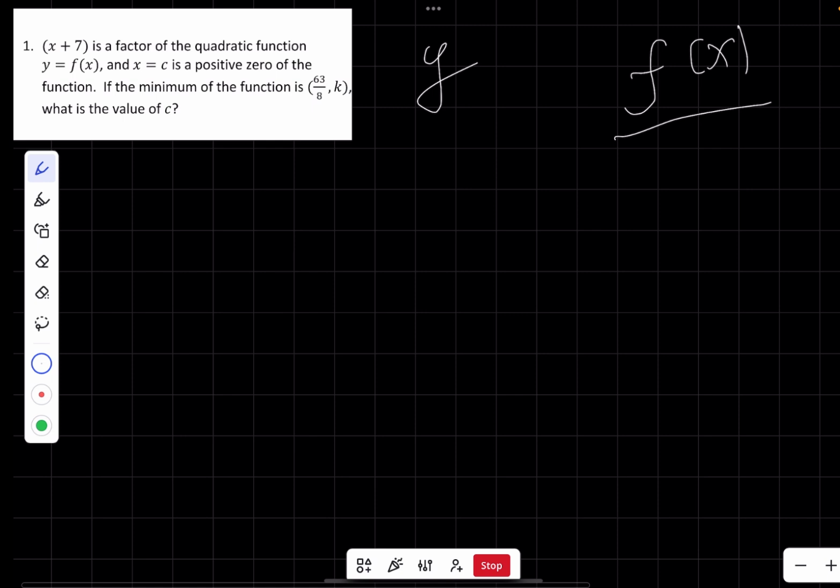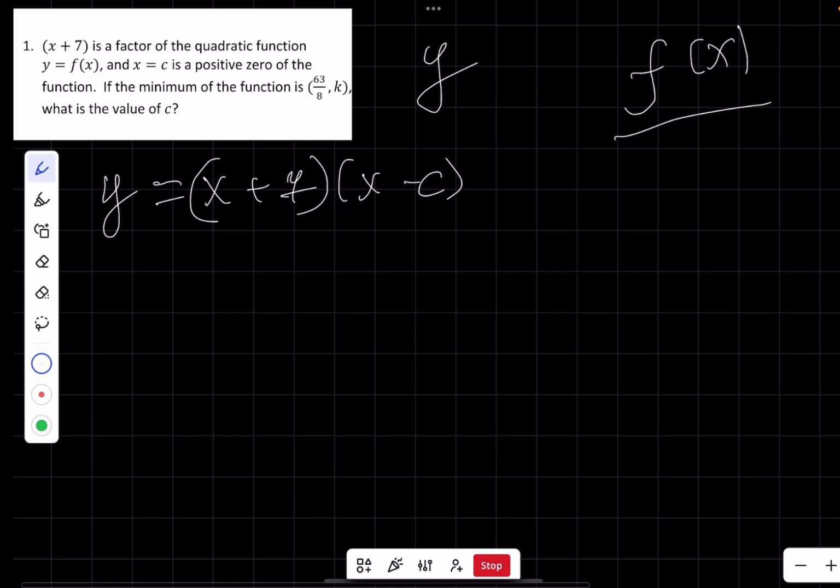It can be anything: y, t, d, maybe f of x, g of x. It's just a name. So I prefer y, so y is equal to x plus 7 times x minus c.